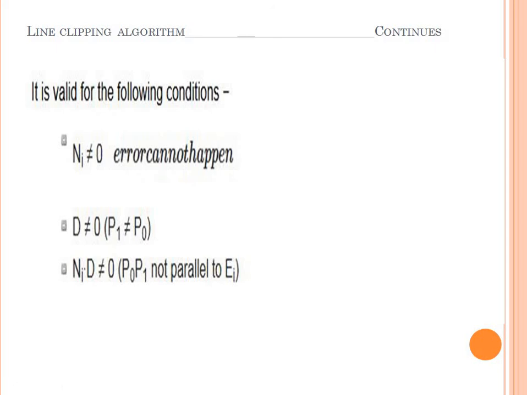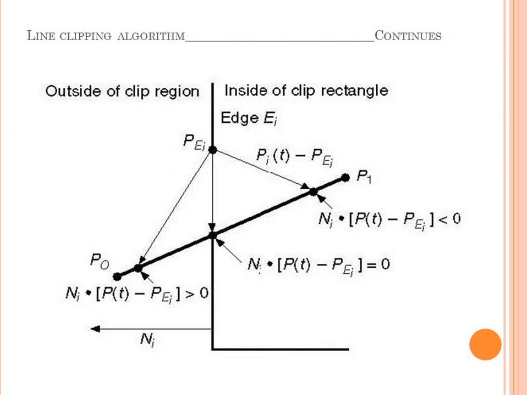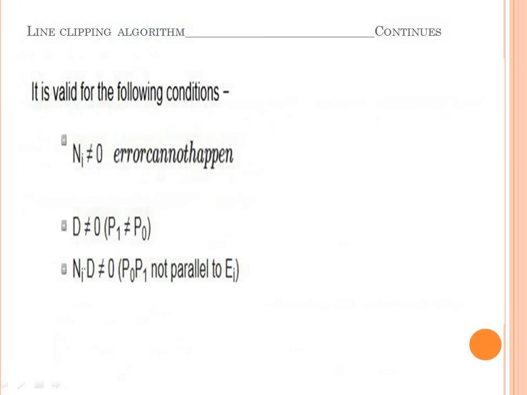Ni into d not equal to 0 means that if the line P0 P1 were parallel to the edge Ei, then it would remain either outside the rectangular edge or inside it. Because of that, Ni into d must not be equal to 0. So this condition is followed.